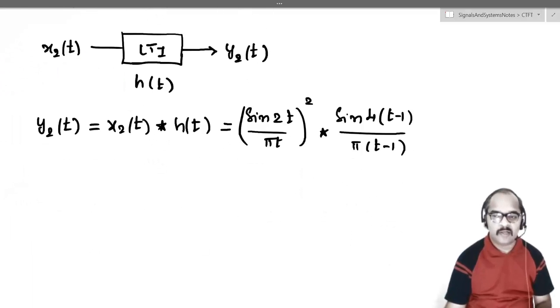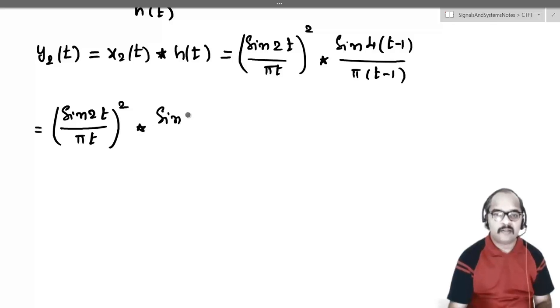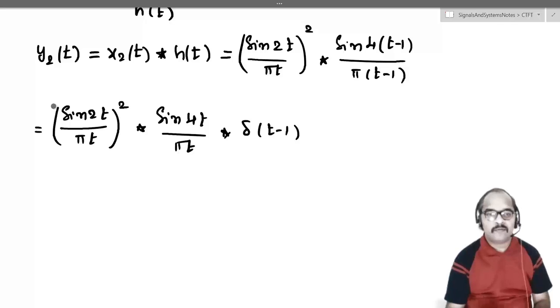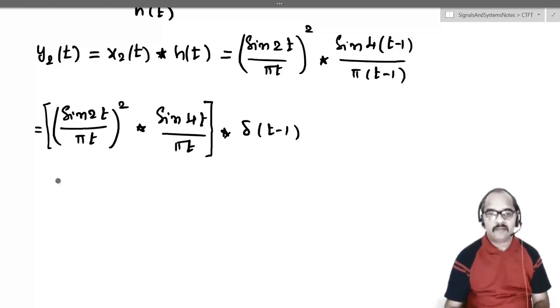So as usual, let us write down this to be (sin 2t by pi t) whole square, convolved with sin 4t by pi t convolved with delta of t minus 1. So first we will try to evaluate this convolution, and then finally we convolve with delta of t minus 1.